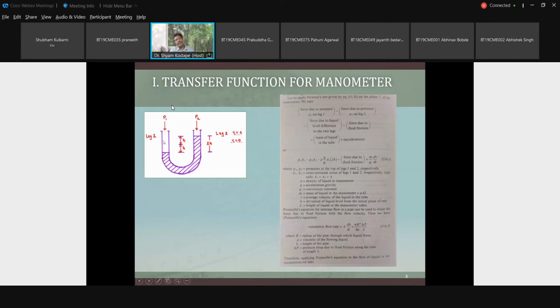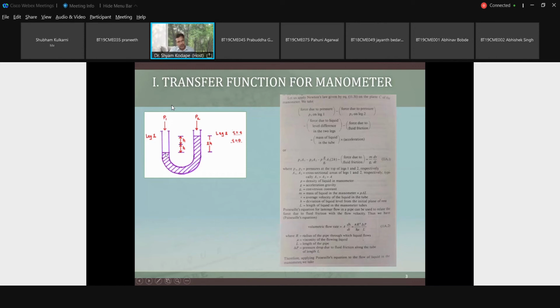So it is not contributing much to this particular force, and to keep the calculation simple we consider that the density of that air or gas is very negligible.